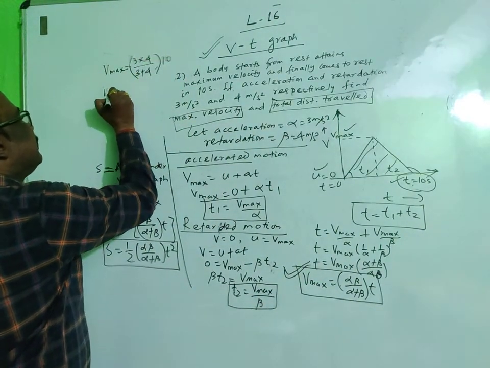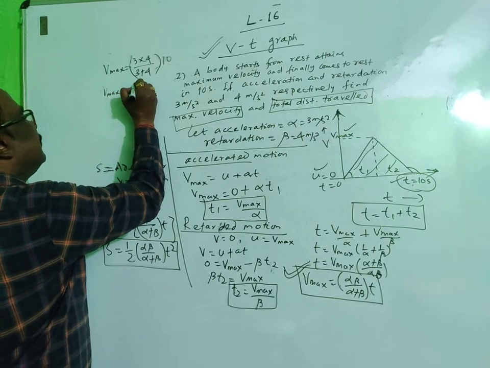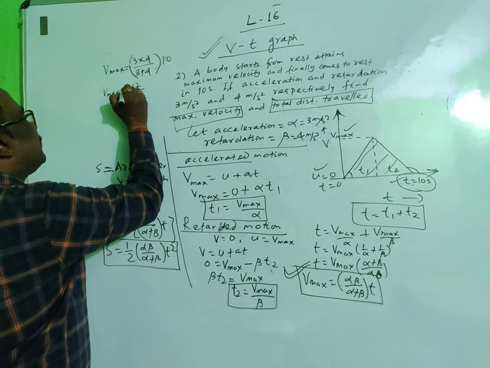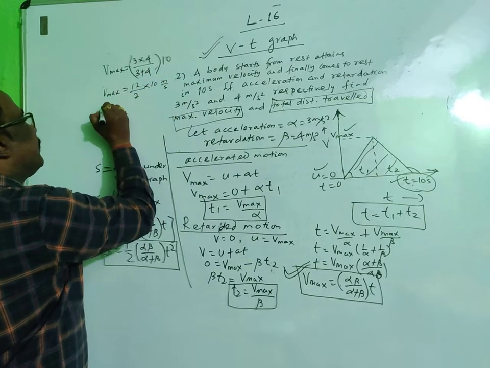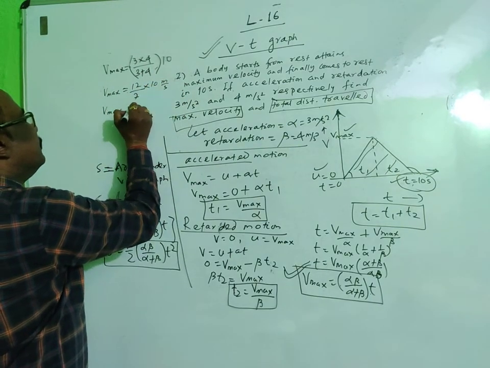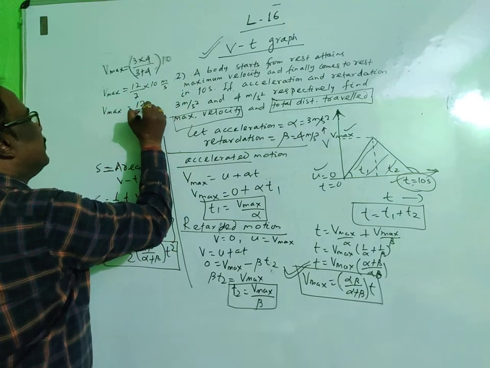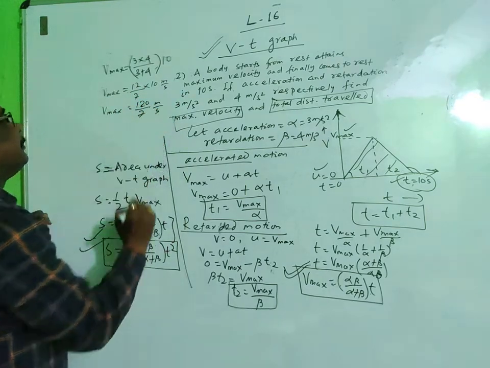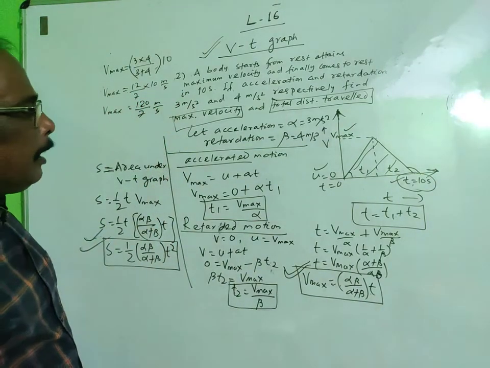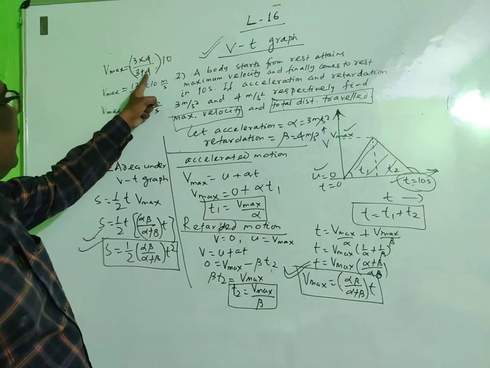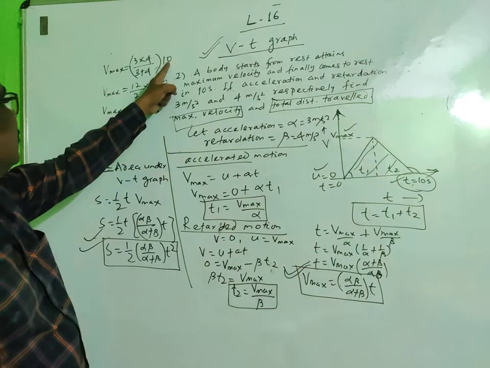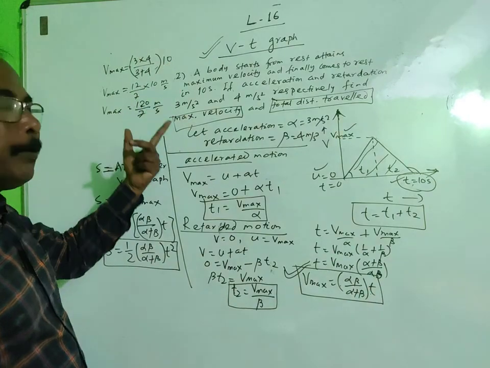Then V max is equal to 12 divided by 7 into 10, means V max is equal to 120 by 7 meter per second.